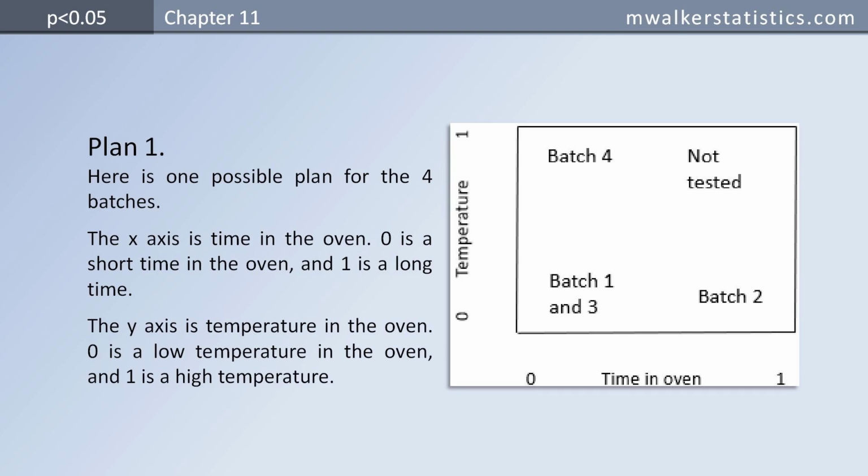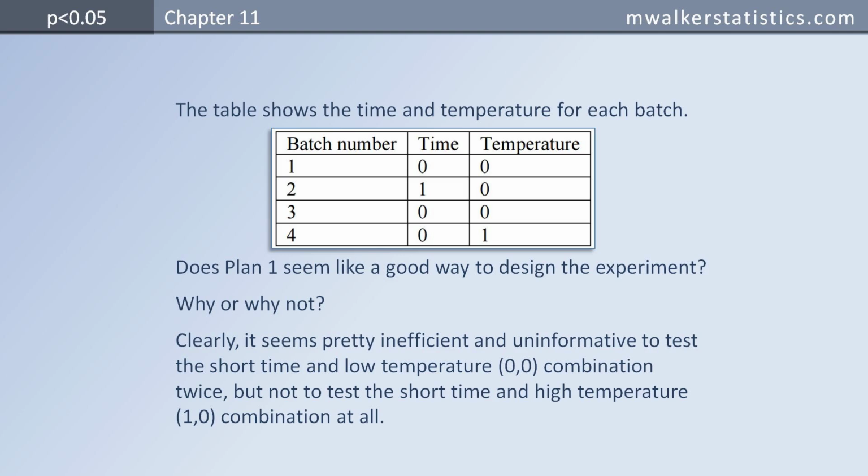Plan 1. Here is one possible plan for the 4 batches. The x-axis is time in the oven. 0 is a short time in the oven, and 1 is a long time. The y-axis is temperature in the oven. 0 is a low temperature in the oven, and 1 is a high temperature. The table shows the time and temperature for each batch.